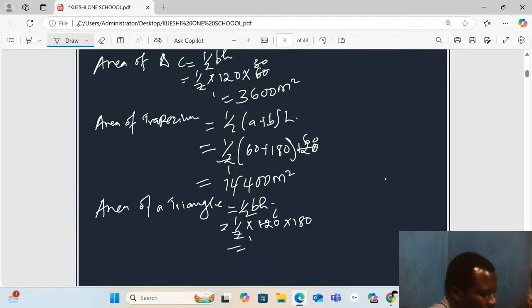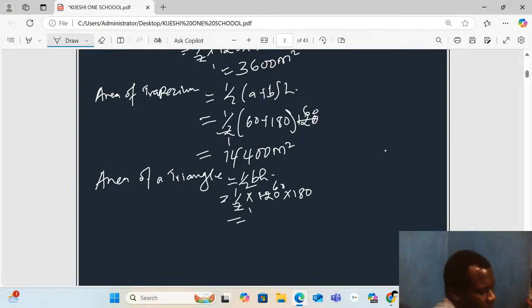So 60 times 180, and we shall get our area as 10,800 square meters.